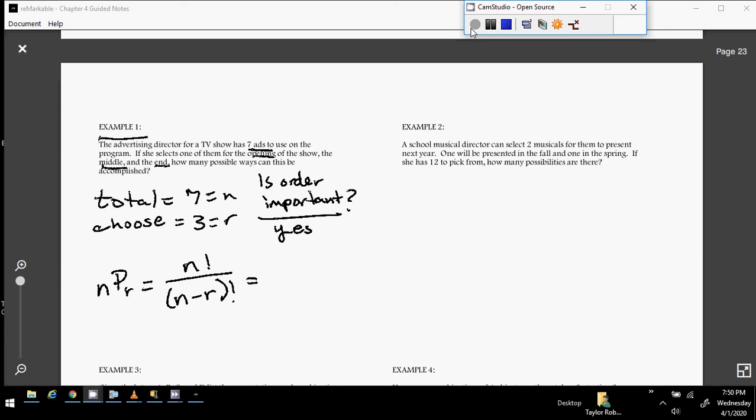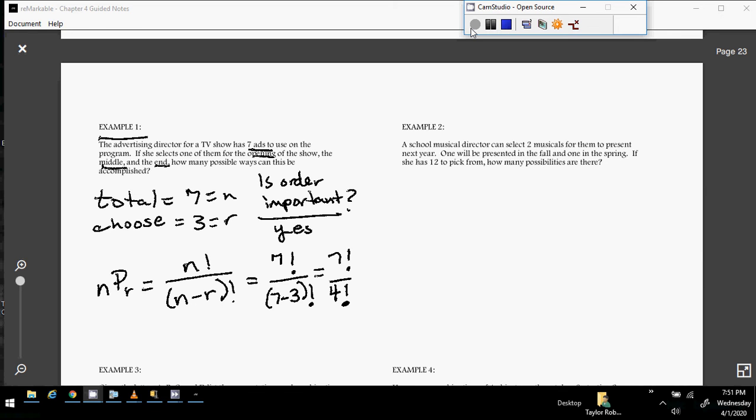So the bigger number is going to be your n, always. So 7 is our n, so 7 factorial. And then on the bottom we would have 7 minus 3 factorial. So this would be 7 factorial over 7 minus 3 is 4 factorial.